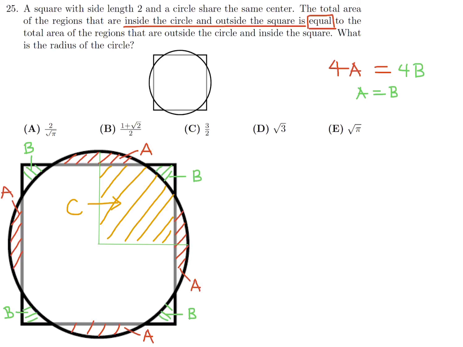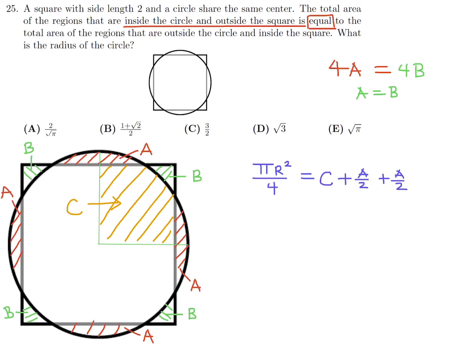The first is the quarter of a circle. Quarter of a circle is pi r squared divided by 4. And you look at this diagram and tell me in terms of our letters A, B, and C, what is it? Well, quarter of the circle is this guy right here. In terms of our letters, it is C plus A over 2 plus A over 2.